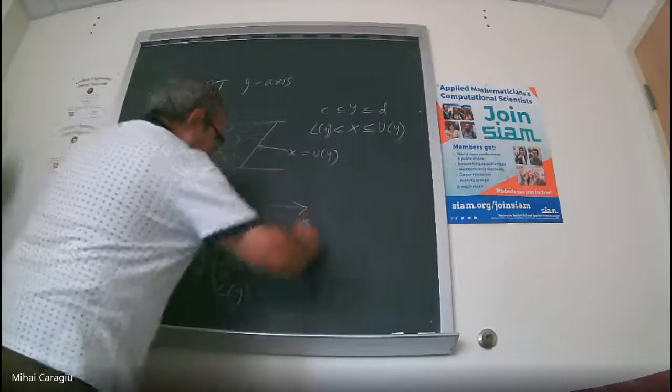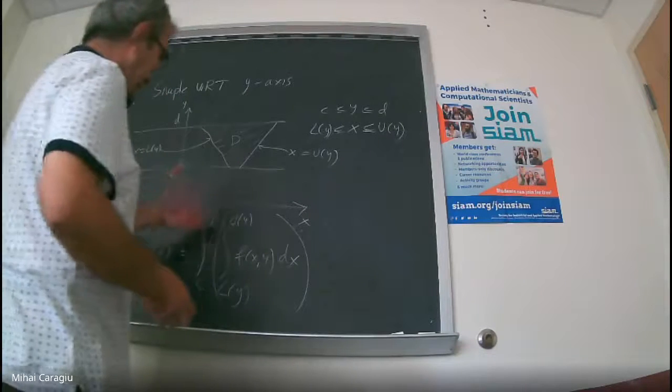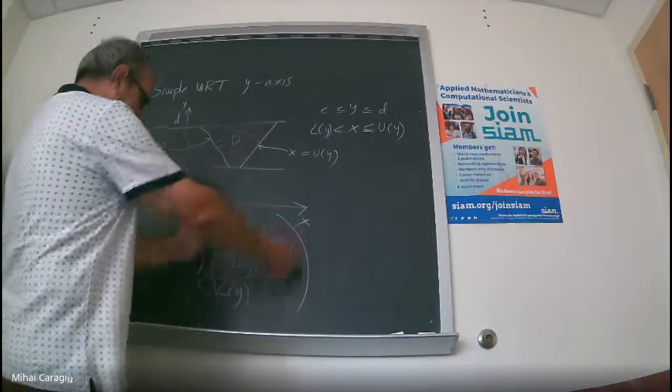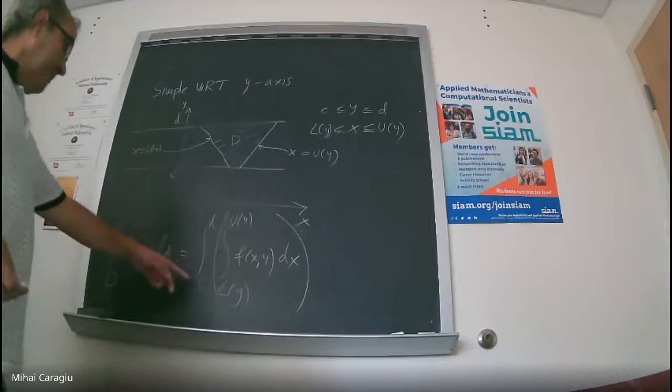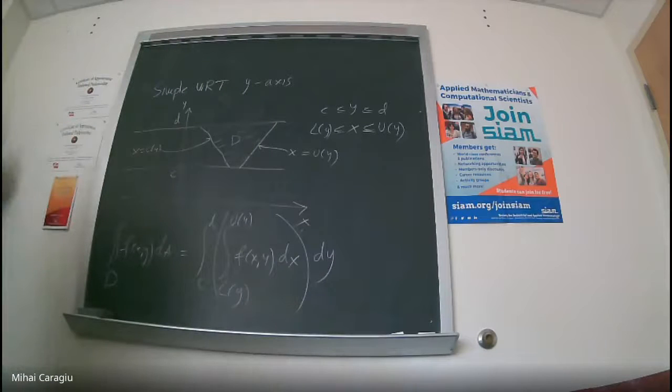Once we integrate this one, we get a function which ultimately depends on y only. Then we proceed to the last step: we integrate the expression in this parenthesis, which only depends on y, from c to d to get the number. So there's a formula for integrals over domains simple with respect to the y-axis.